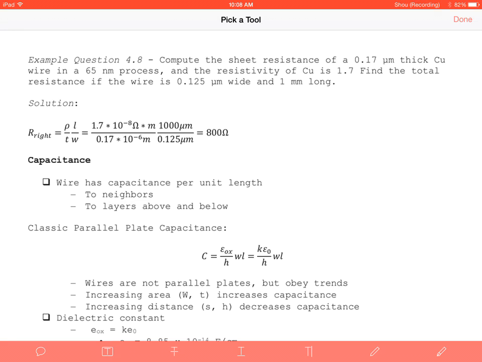And then that's our resistivity of copper. Now, this would allow you to calculate your sheet resistance, this portion here. Next, to calculate the full resistance, we account for the width and length of the wire. So then you get 1,000 micrometers, which is 1 millimeter, over 0.125 micrometers, and that becomes 800 ohms.